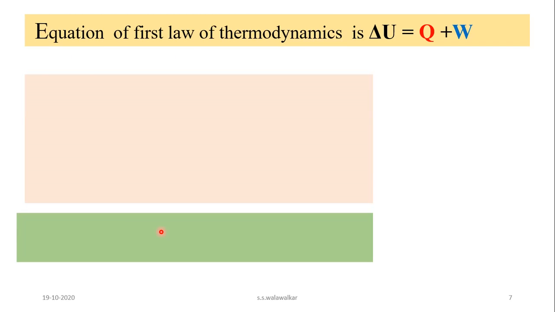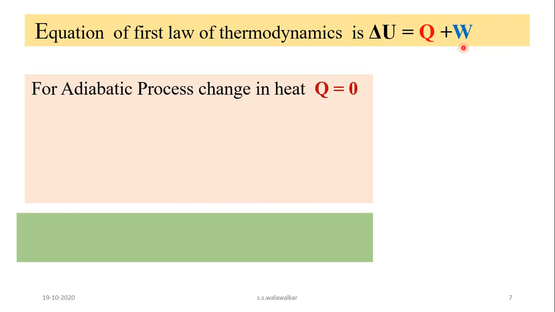Now according to first law of thermodynamics, delta U is equal to Q plus W. But here in adiabatic process, Q is equal to 0, and therefore if you substitute this value of Q in the equation of first law of thermodynamics, then delta U, that is increase in the internal energy, is equal to 0 plus W, because there is no exchange of heat in adiabatic process.